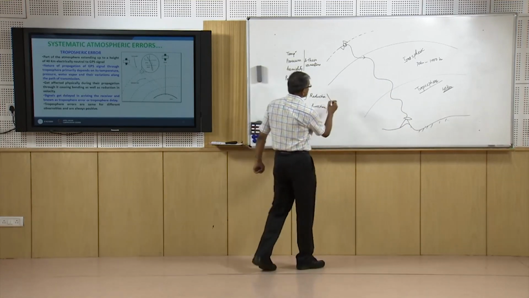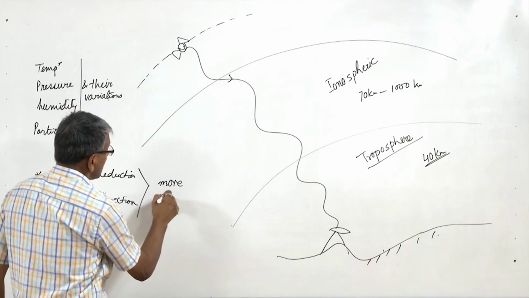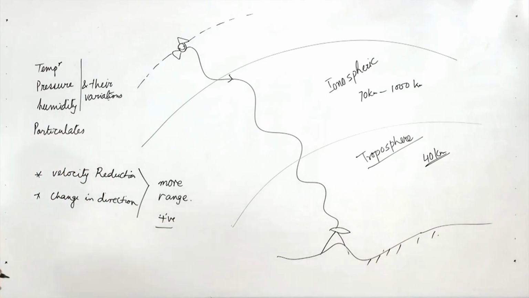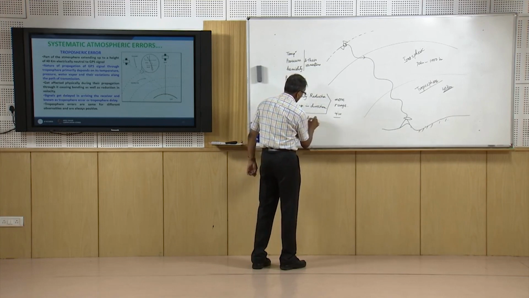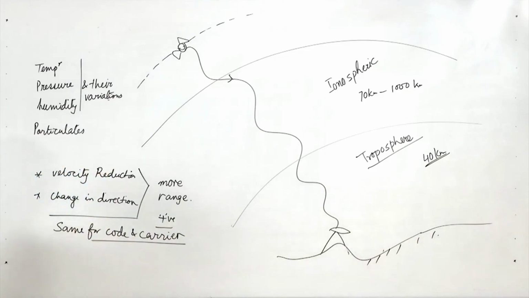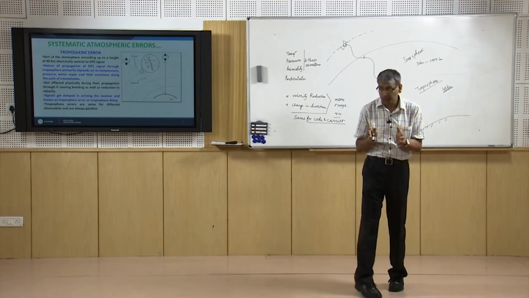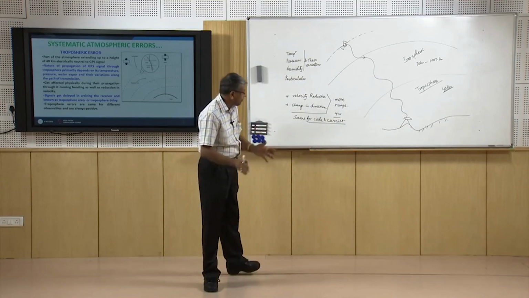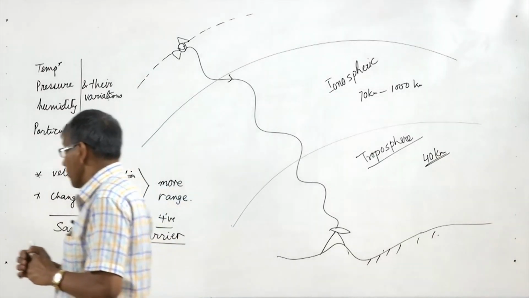It will always provide more range than actual, so it is additive in nature, always additive, and moreover it is the same for the code and carrier part of the signal. So different types of code and different types of carrier will have the same amount of tropospheric error, and these are positive in nature.